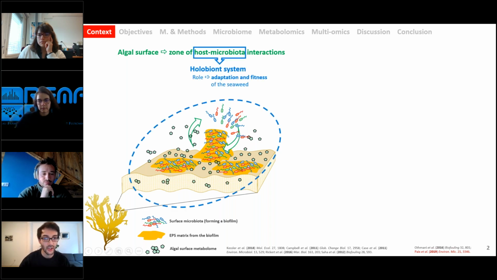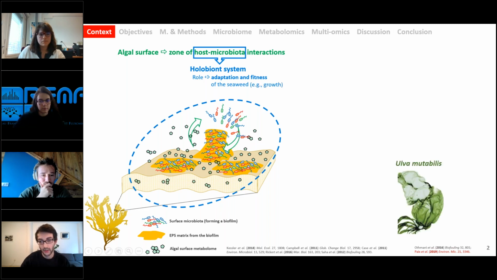This algae and its microbiome form what we call a holobiont system. The microbiome can have a really important role in the adaptation and fitness of the seaweed. For example, for the green algae Ulva mutabilis, some bacteria can be chemoattracted and can induce the growth of this seaweed.